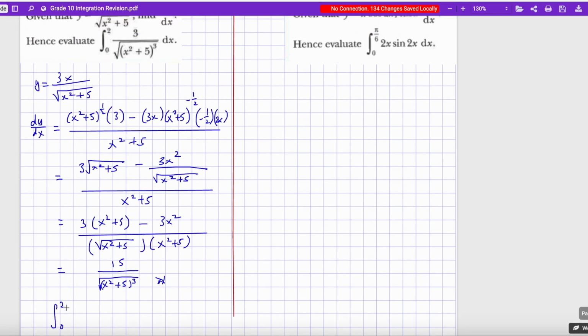So from 0 to 2, 3 over root of x squared plus 5 to the power of 3. I'll use the red one to indicate what's going on. The difference between what we want to integrate and what we differentiated is that one is 15 and the other is 3 on the numerator side.